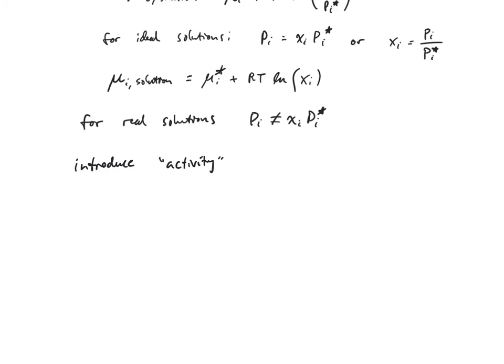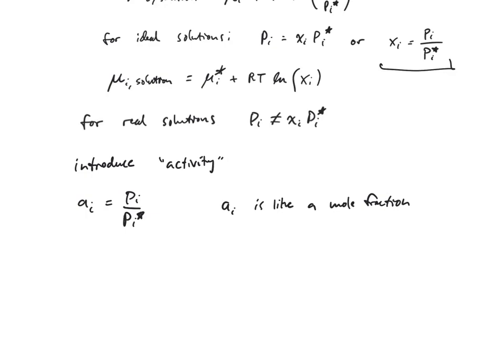For solutions, that activity is going to equal that partial pressure divided by that vapor pressure. So it takes the place of X in this equation up here for ideal solutions. So this activity is like a mole fraction, similarly to how fugacity was like a pressure for the real gases.